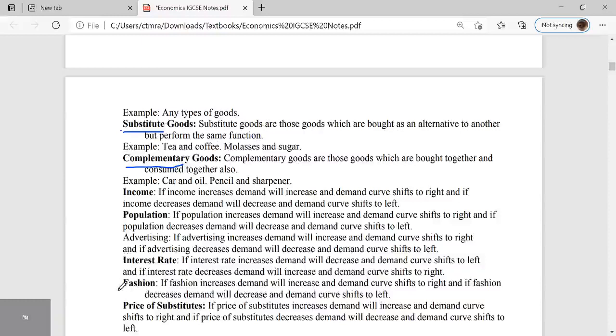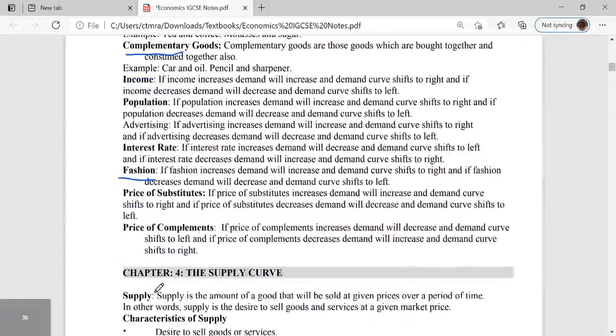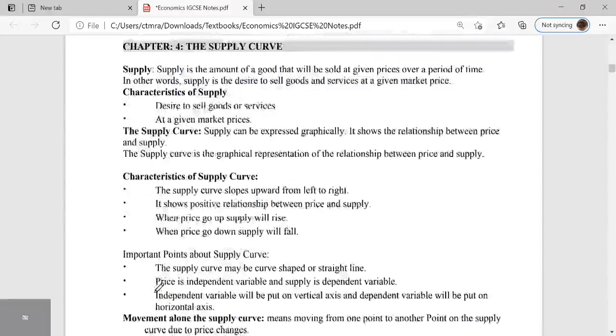Taste and fashion do not remain the same; they change. Because of this change, demand also changes. Goods which are fashionable have high demand, and goods which are out of fashion have low demand.